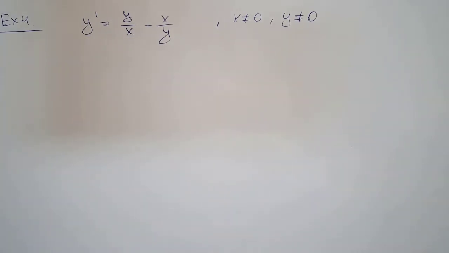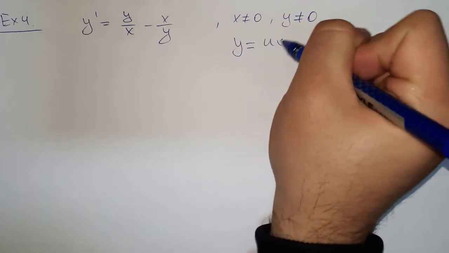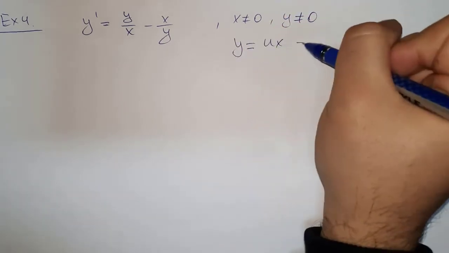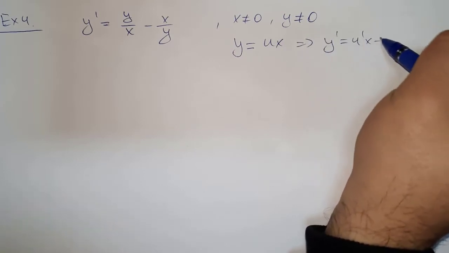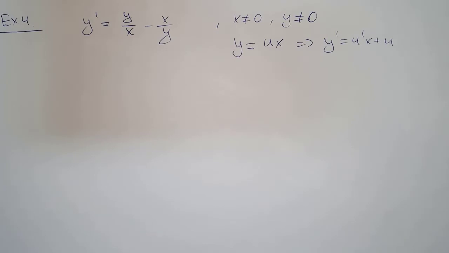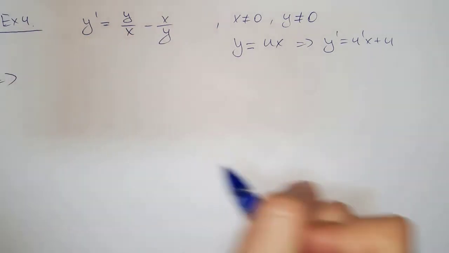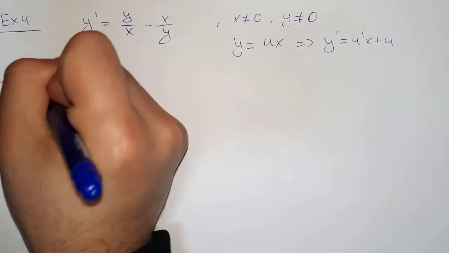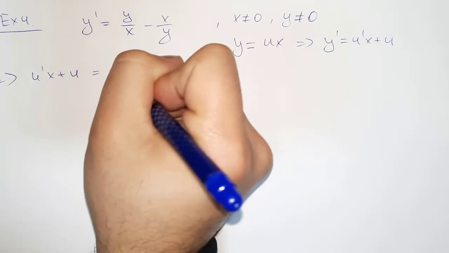And we can make a substitution here. Y is ux, and hence y prime is u prime x plus u, and hence after substitution, we have u prime x plus u equals to ux.